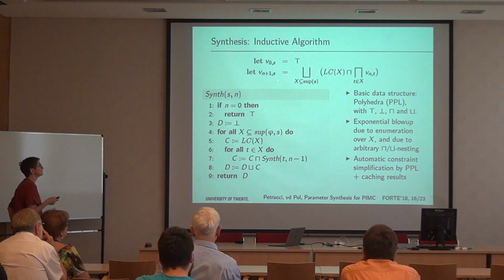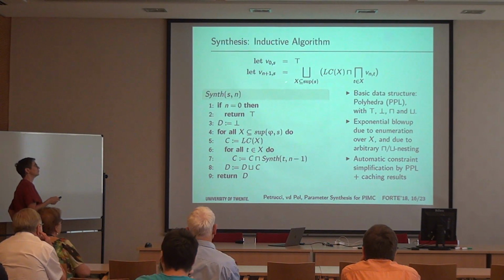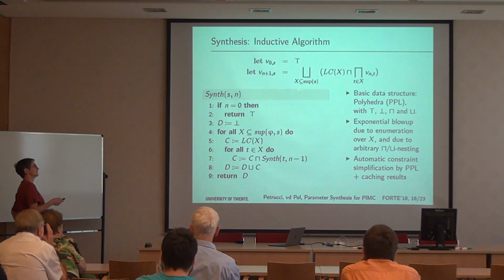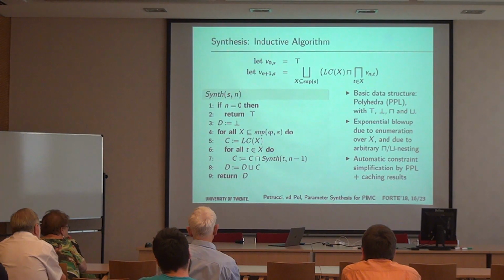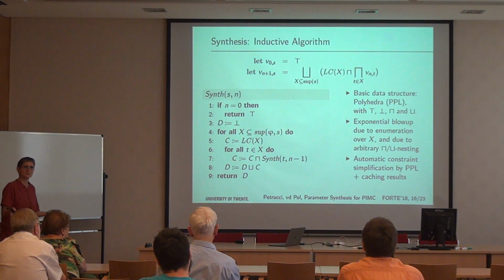We do a union on all possible sets X that are in the subsets of the support base. Because to synthesize parameters, we must look at all possible sets of successors.